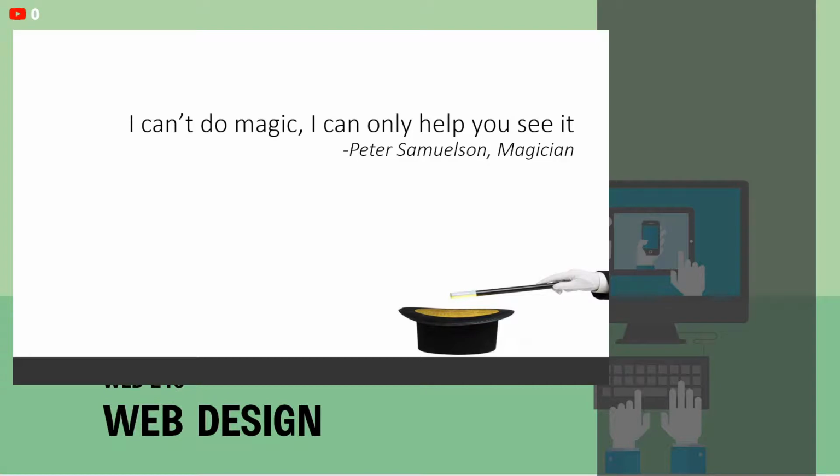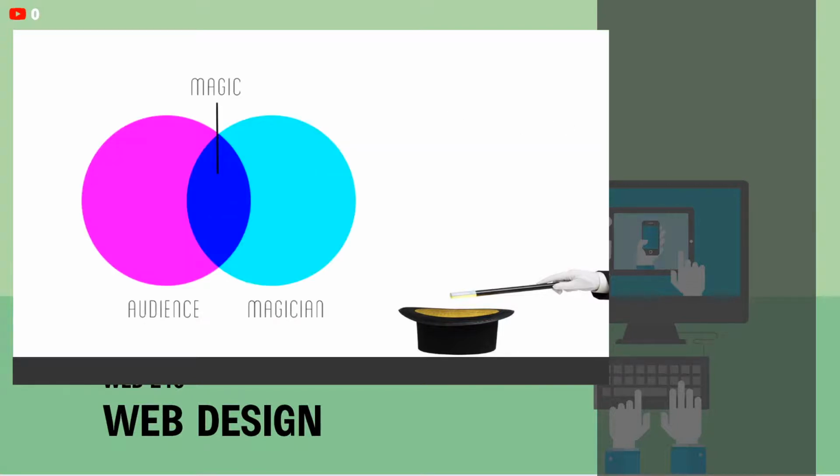And that's where we tie this all back into web design. What's going on at a magic show is not wizardry. It's a well-crafted experience that creates magic, not on stage, but in the mind of the user, in the mind of the viewer.